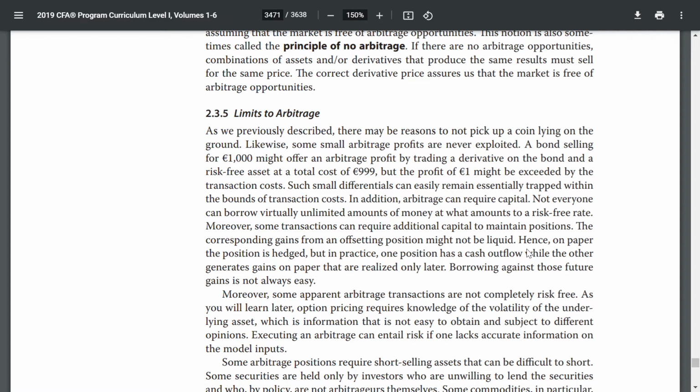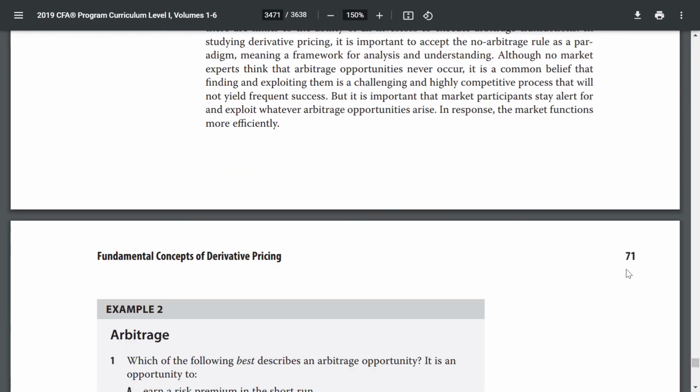Such small differences can easily remain essentially trapped within the bounds of transaction costs. In addition, arbitrage can require capital. Not everyone can borrow virtually unlimited amounts of money at what amounts to risk-free rates.